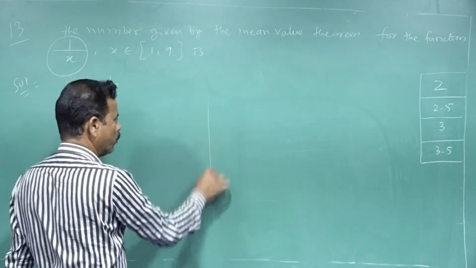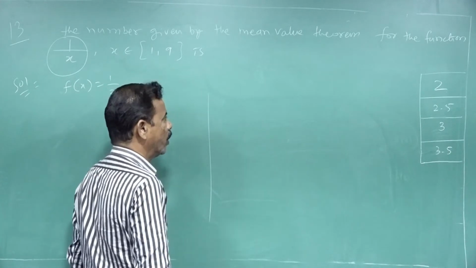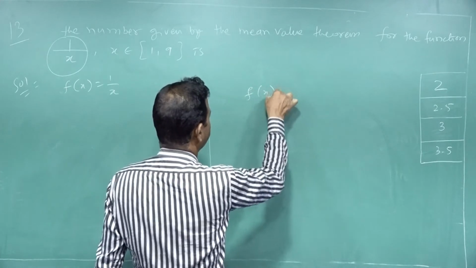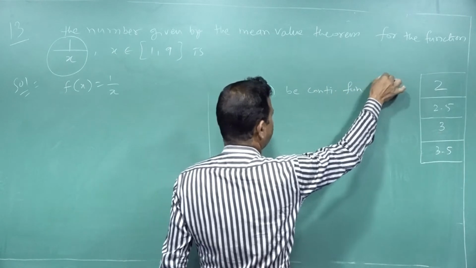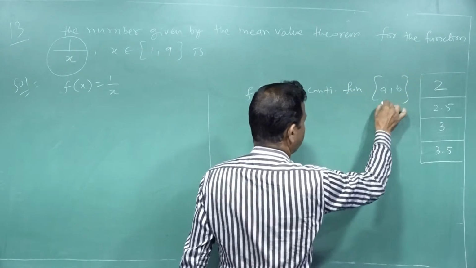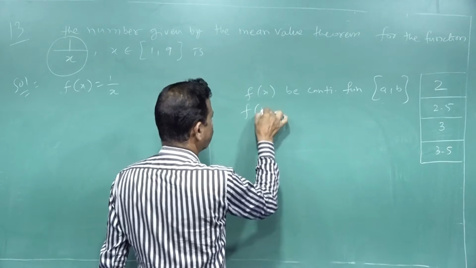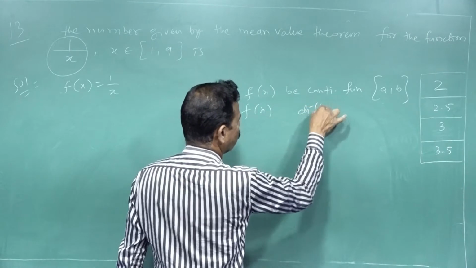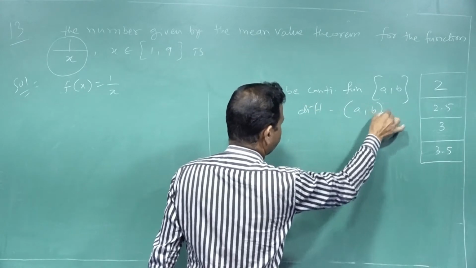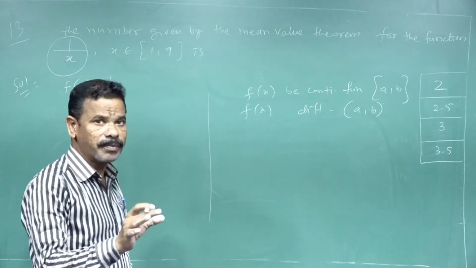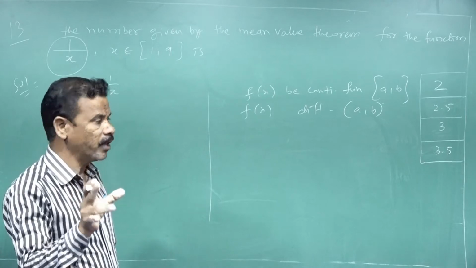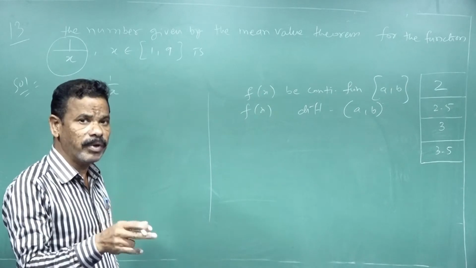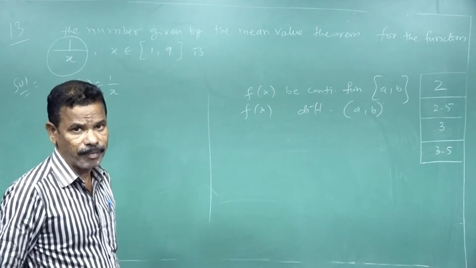So actually what is the meaning of the mean value theorem? Let f(x) be a continuous function in the closed interval [a, b], and f(x) be differentiable in the open interval (a, b).